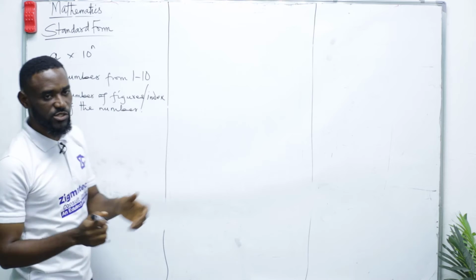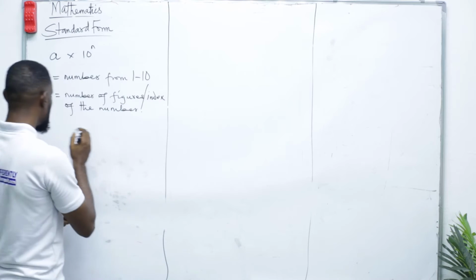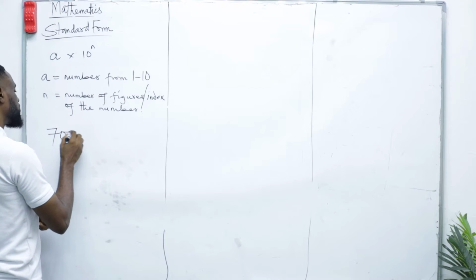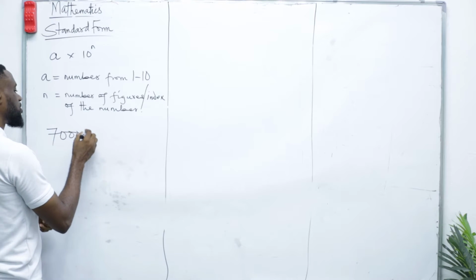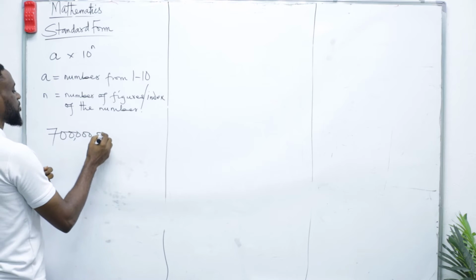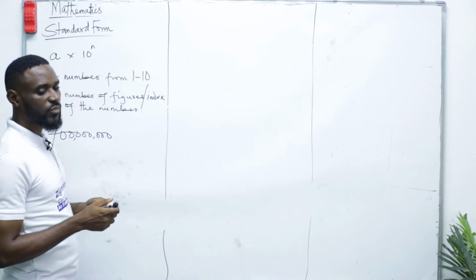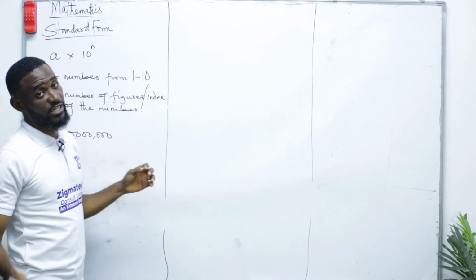So let's assume we have 700 million. This 700 million is actually a very large number.